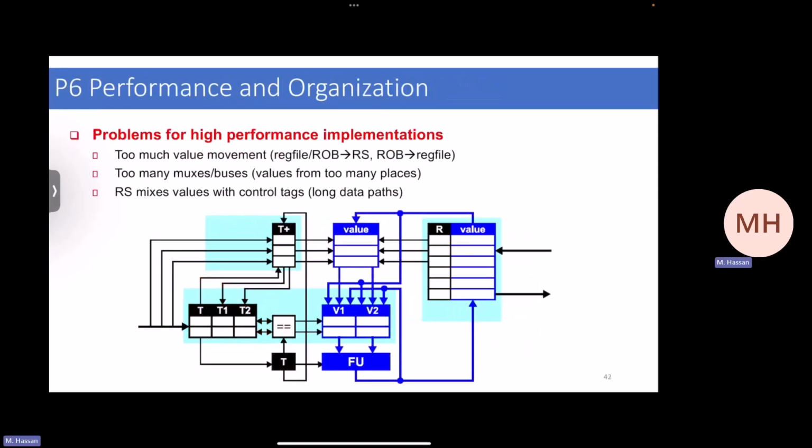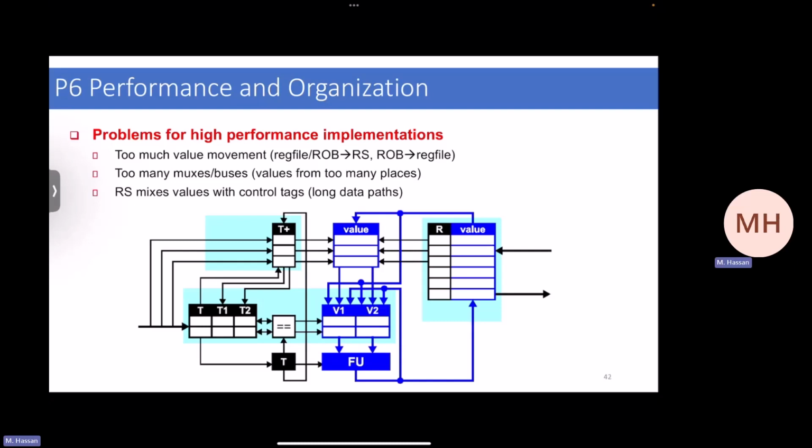One solution is to minimize the copying as well as to split the control from the actual values: you simply decouple the tags, the control, from the actual data maintained, right? And how do I do this? Instead of splitting my data everywhere, an observation could be, well, why am I really copying the values into the reservation station? It is to do register renaming.